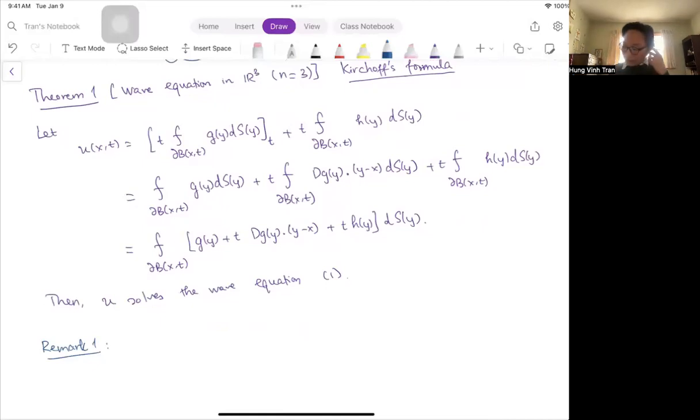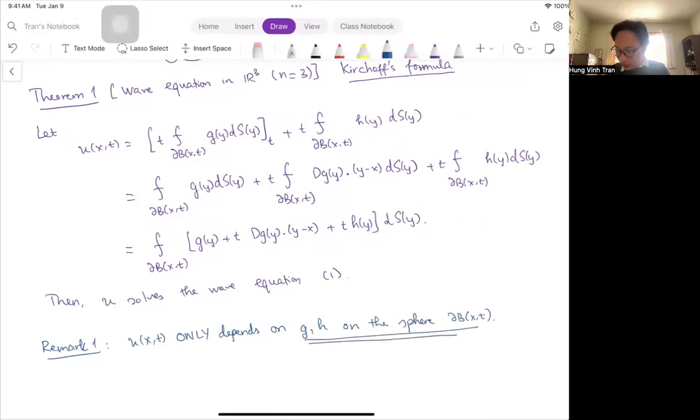So let's say u(x,t) only depends on g and h on the sphere of center x radius t. So it doesn't depend on the initial data anywhere else.